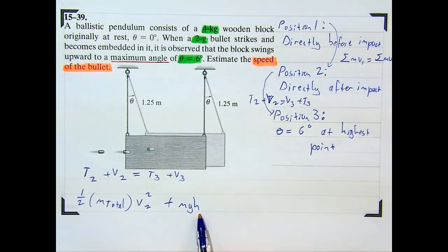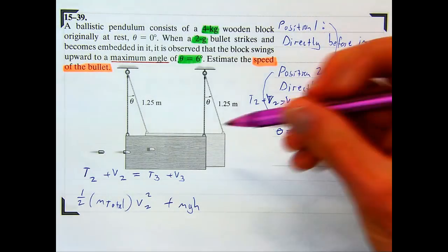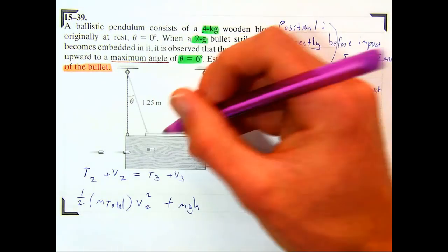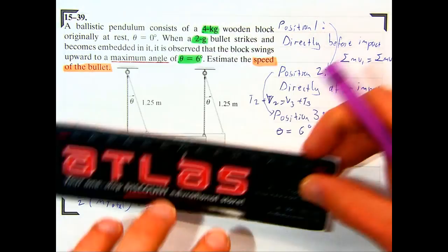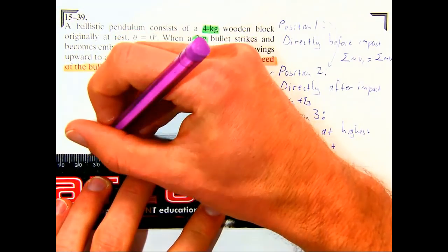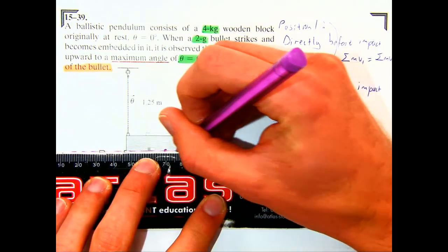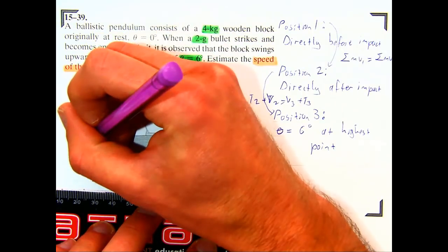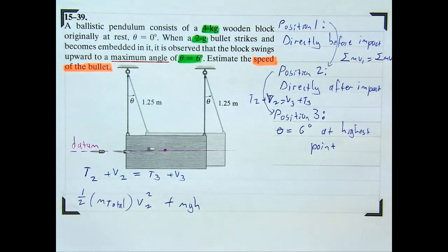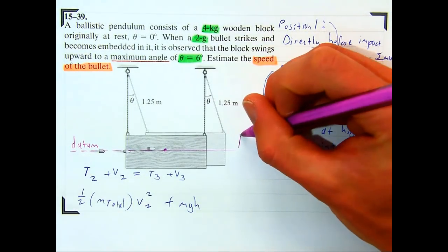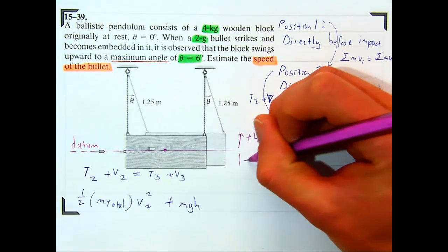To express h, we need to choose a datum, and we can choose a datum, for example, at the initial position, say through the center of gravity over here. Then h, the height, is measured positive up and negative down.